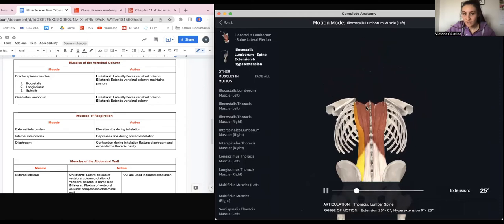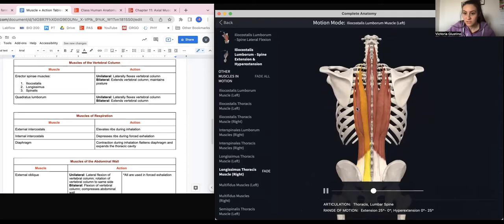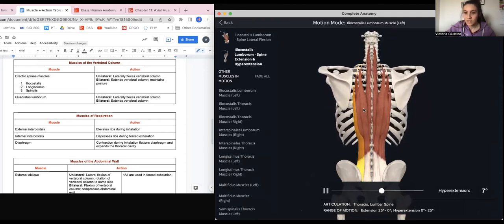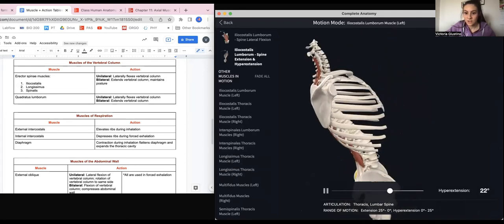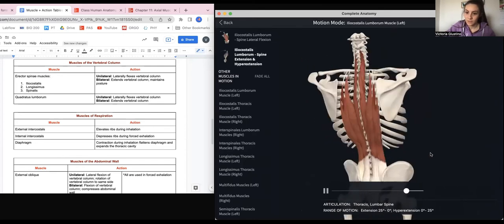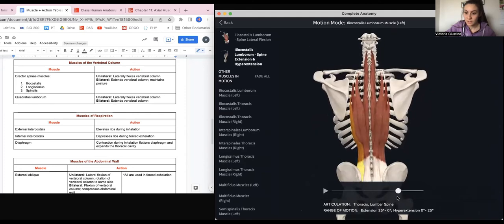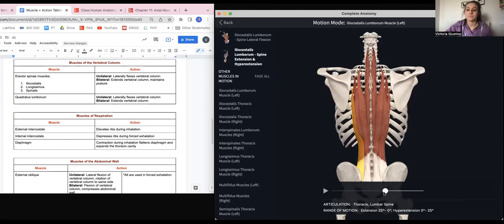When we get the extension now, here all of your iliocostalis muscles are going to allow this extension of the spine, in this case hyperextension there, right? Because going from I to O, we're going to be pulling I to O, pulling that spine back.